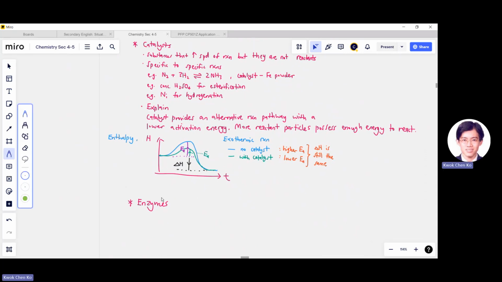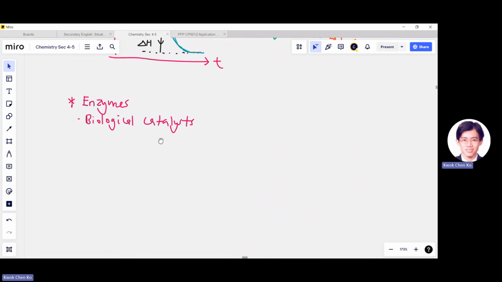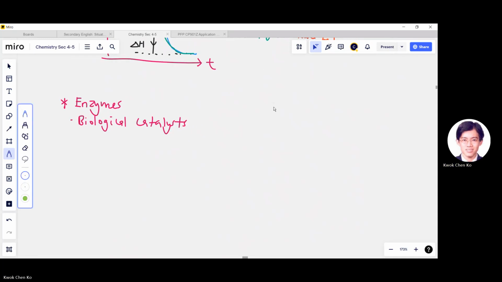Actually, it's very easy. They are simply biological catalysts. That means they are biological molecules that speed up biochemical reactions, like digestion.